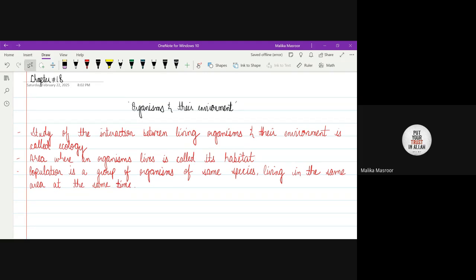Okay, and what is a community? Community is all the organisms of all different species living in the same habitat.